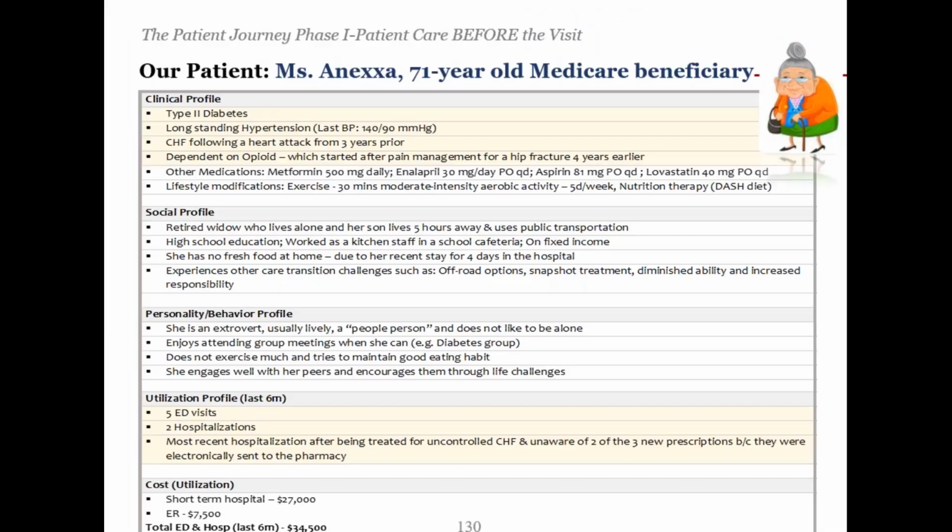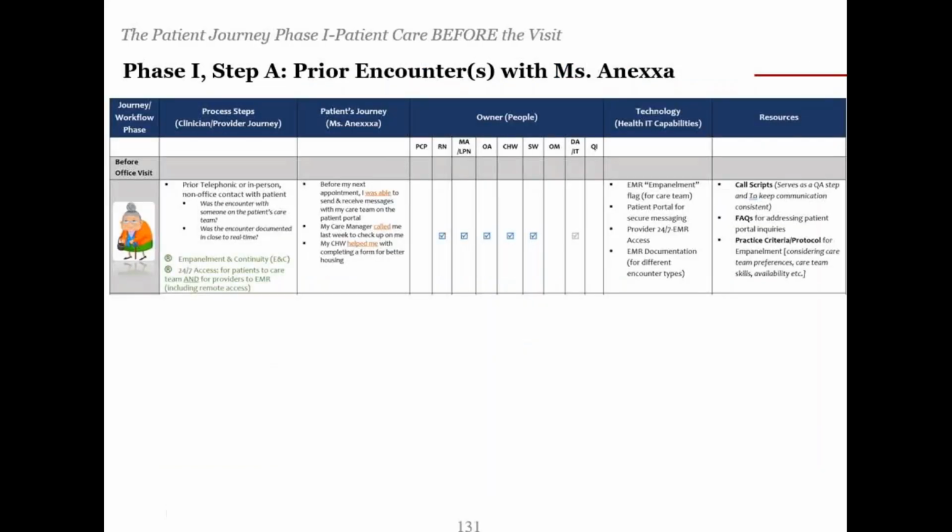Thank you for sharing. Okay, so going back to our test patient here, Ms. Anexa, again, just reminding you of the clinical profile as we begin going through the steps. Okay, so as we talked about, the first step is prior telephonic or in-person encounters.